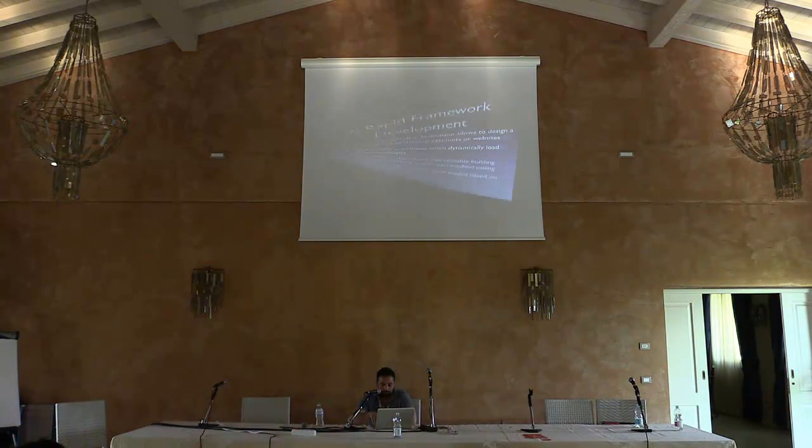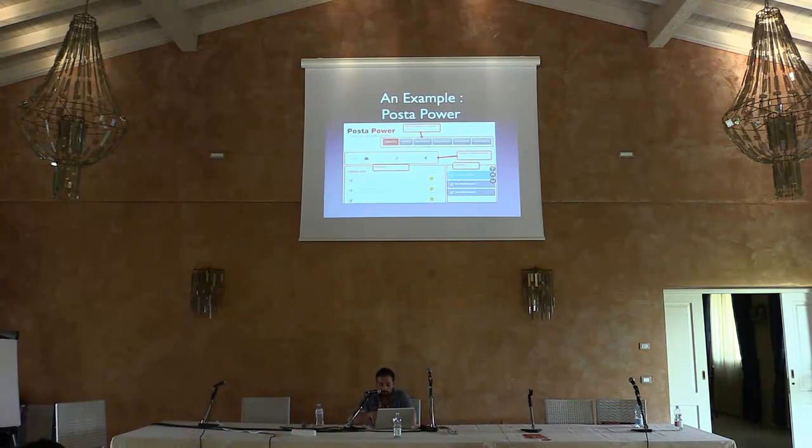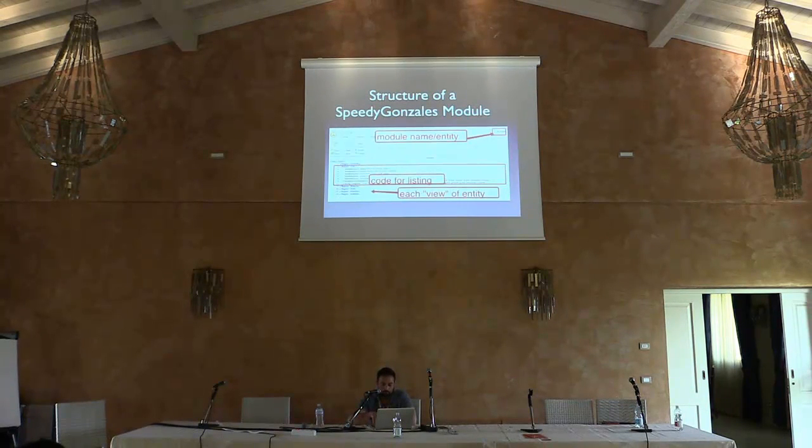The example I show is the structure of a speedglass module. For the deals module, the entity has a specific region for code for listing, view of the entity, side view, add, edit content, and so on.